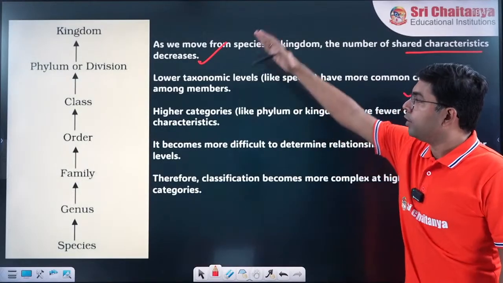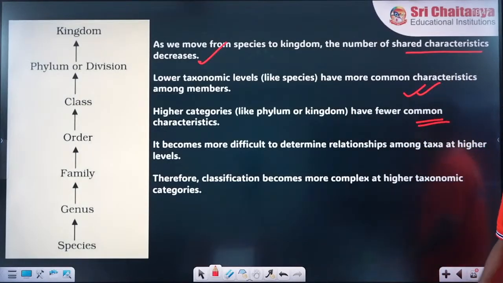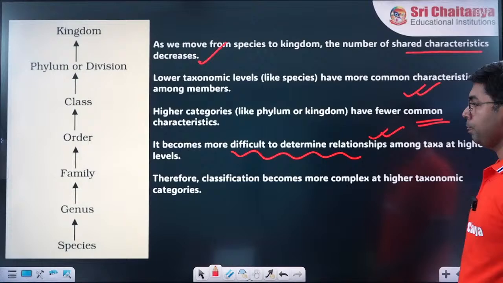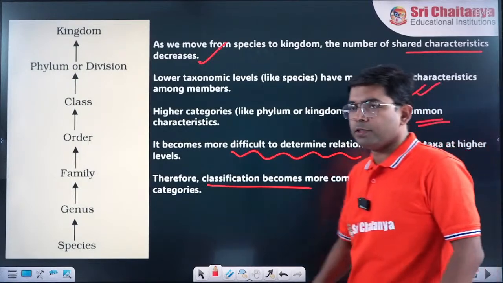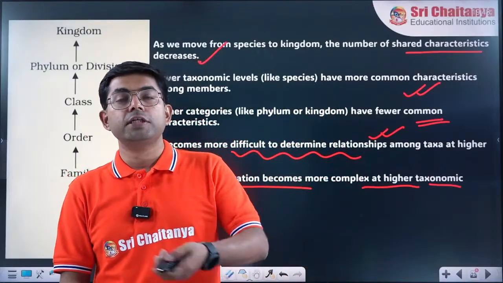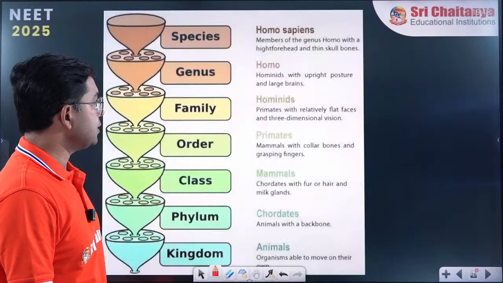As we go to a higher category, few common characters are there, and because of few common characters, it is very difficult to determine the relationship, and therefore the classification becomes more complex. Because if you see similar characters, it is easy to classify, but if you see widely different characters, then it is very difficult to classify.